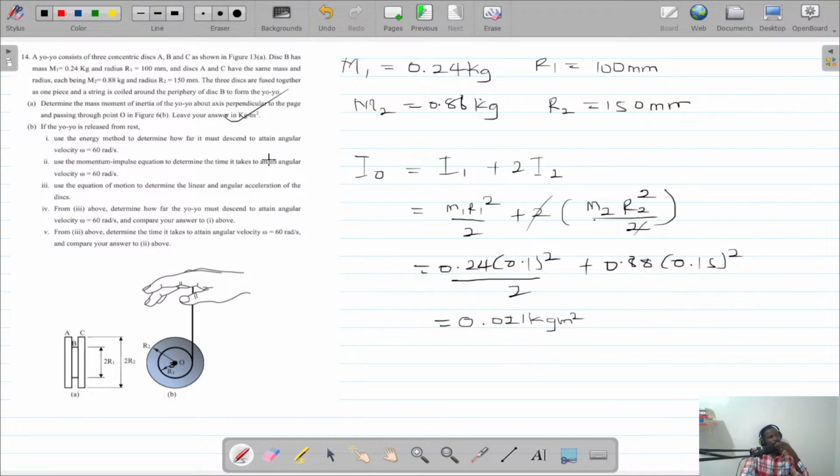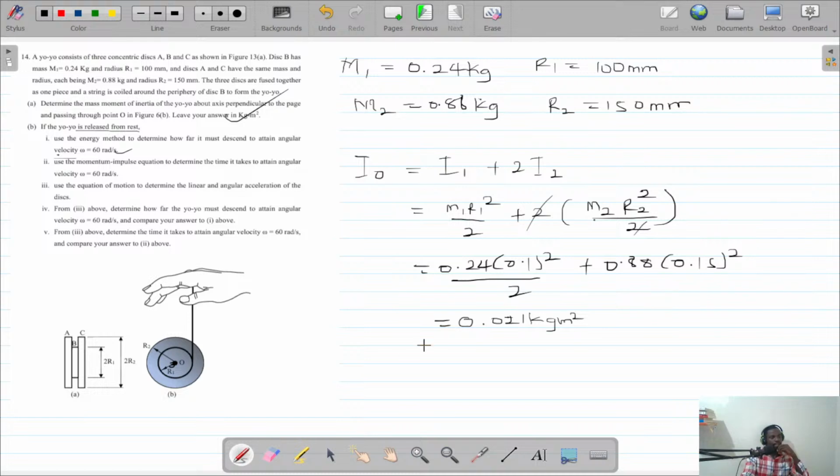So A is done. B, use the energy method to determine how far it must descend to attain an angular velocity, if it is released from rest.